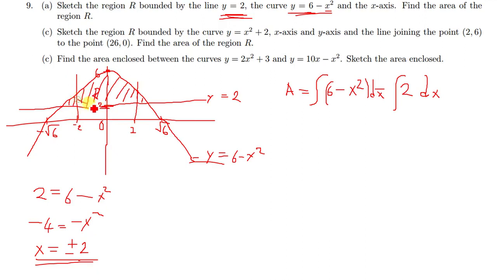So the area that we're going to find now is this part here. What is the area we're looking for? Let me just erase this. Alright. So the area that we're looking for is in this region R. So now it's easier for us to find the area. We have our limits, 2 and -2.